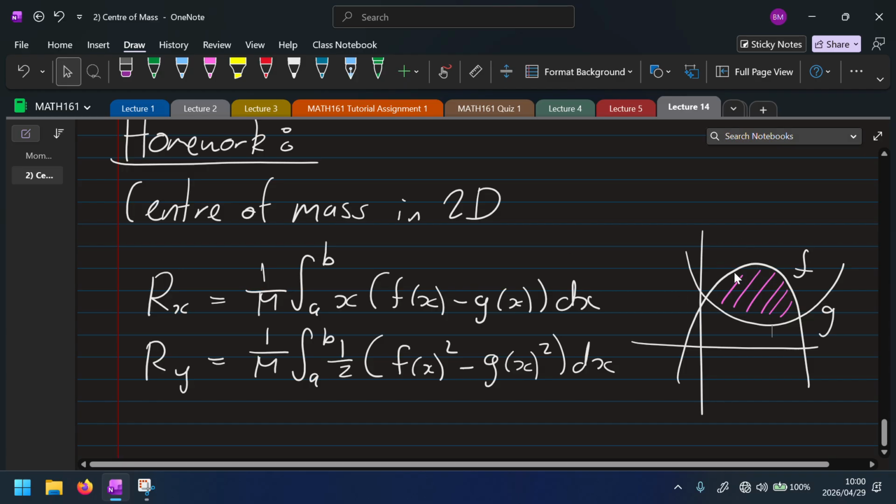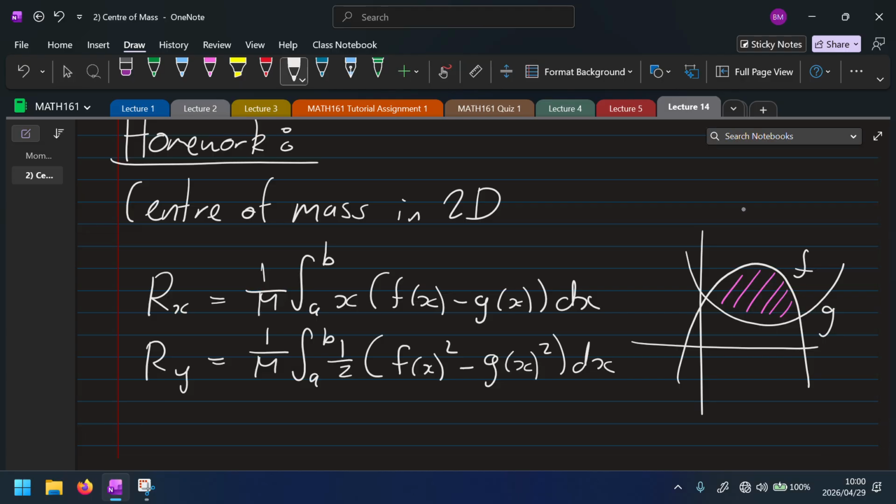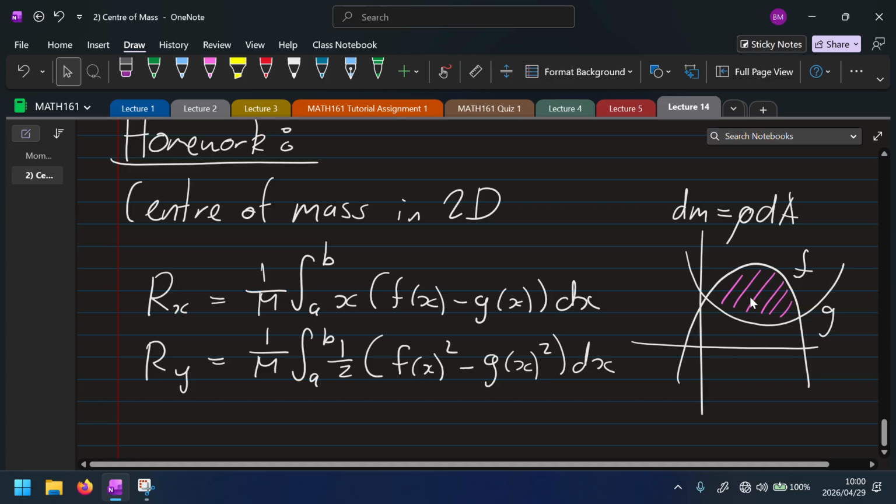Okay, so what we want to do is show that we get this for Rx and Ry. Now instead of using rho dV like we had before, this will now be rho dA. It will be the area of this. Okay, so we have rho dA.